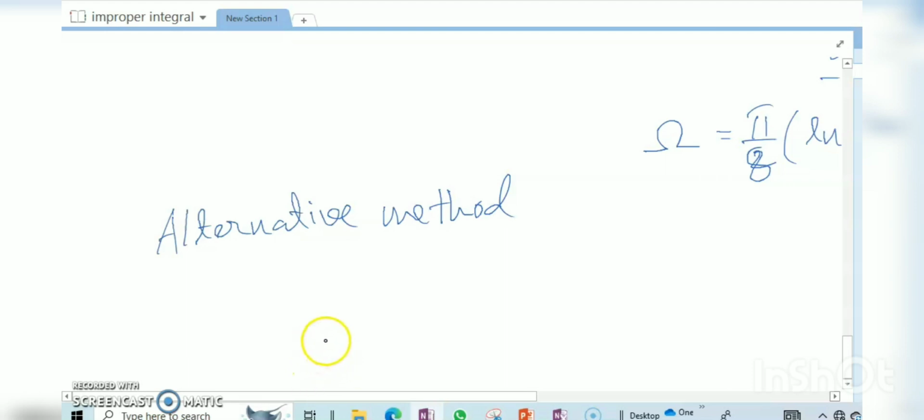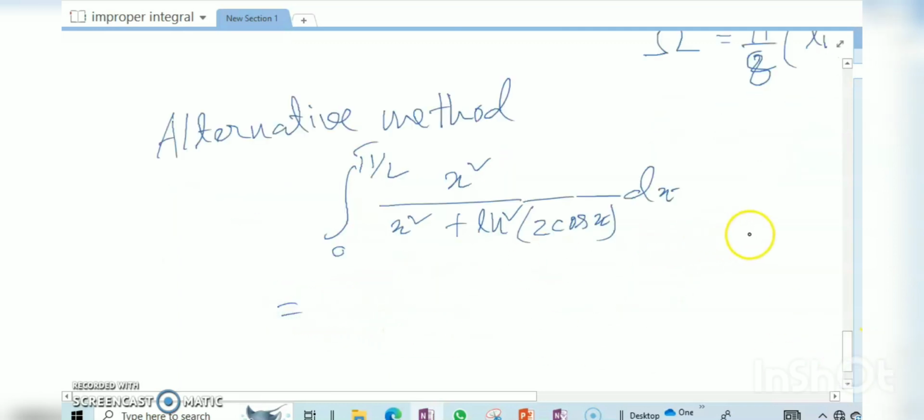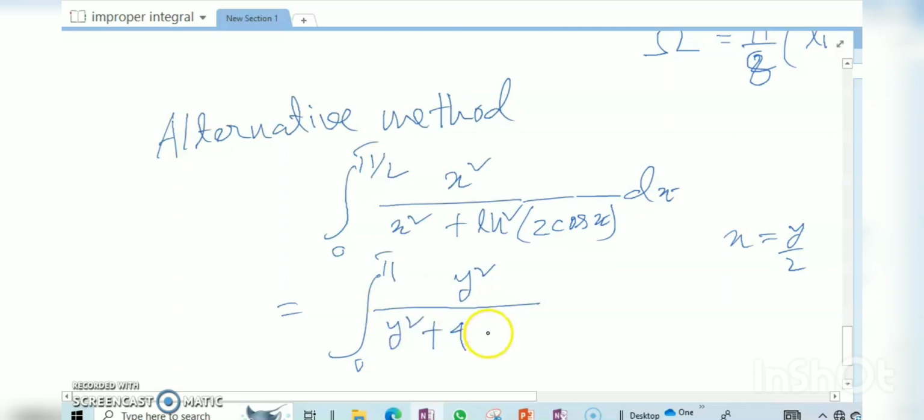Because we know that the integral from 0 to pi by 2 of x square divided by x square plus ln square cos x, 2 cos x dx, equals, just changing x equal to y by 2 and applying this formula, I get 0 to pi of y square divided by y square plus 4 ln square 2 cos x, into dy.